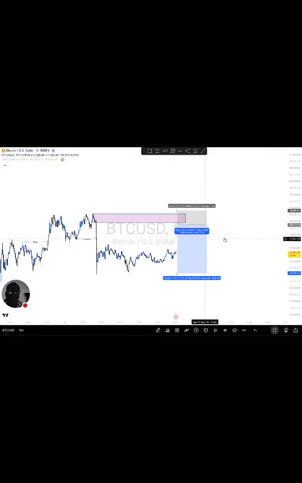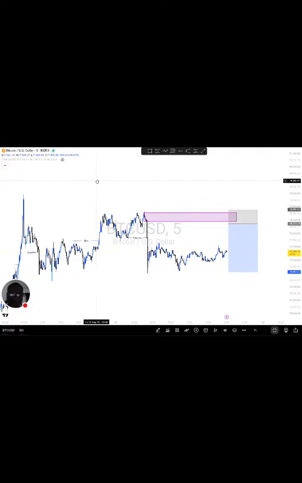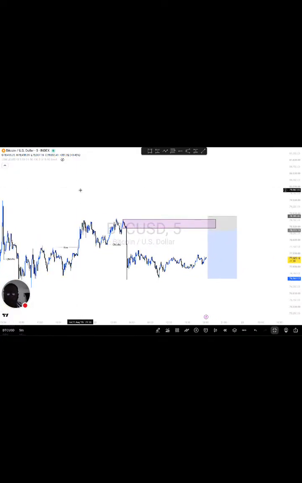So it's called a counter trade. It is way safer to trade towards the trend than to trade against the trend.